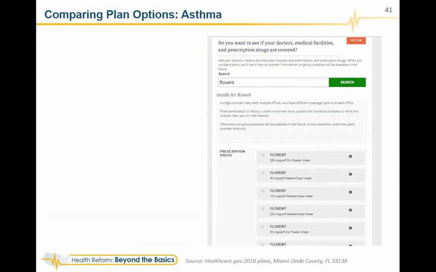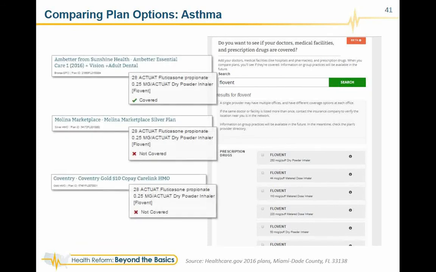So now let's look at coverage of Joe's asthma medicine. We can again use this search function on the Plan Compare tool in healthcare.gov to check for a prescription. And in this example, we're saying that only Ambetter covers Joe's particular inhaler.